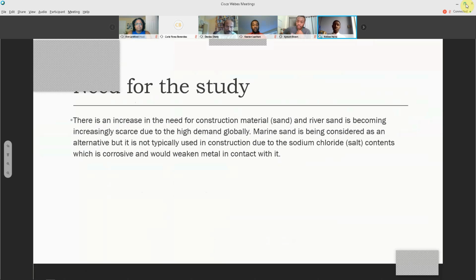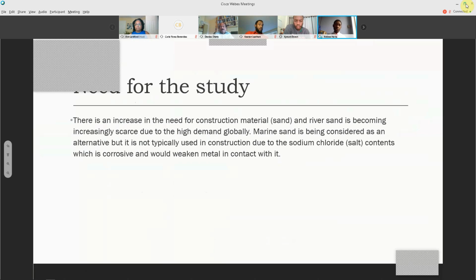One of these methods was to use marine sand instead of riverine sand, which is the usual material used for construction of cement or concrete, because riverine sand is being used up so much in all the different constructions, whether constructing new infrastructure, repairing infrastructure, or just preparing cement and so on.